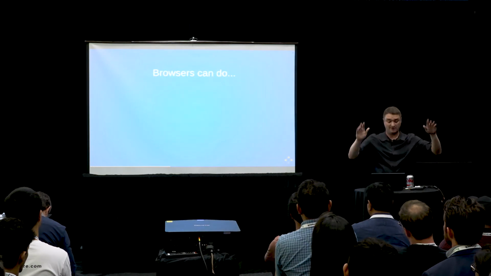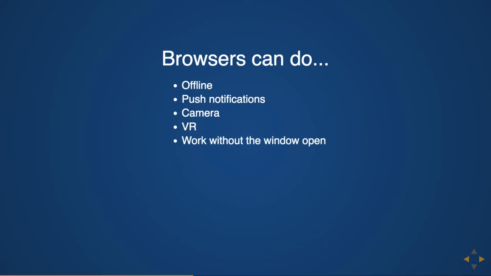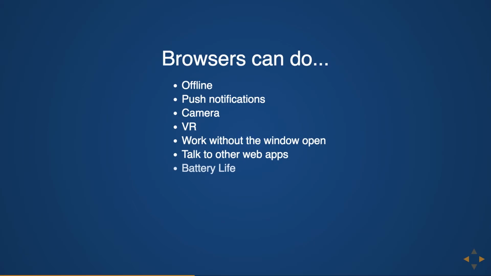For example, specifically, did you know that your browser can do offline? Does it just fine. Can do push notifications, can do access camera, microphone, that kind of stuff. Can do virtual reality. Can work whether or not you even have the browser open. Can talk to other web apps. You can see the user's battery life and either serve up different content or give them options based on that.